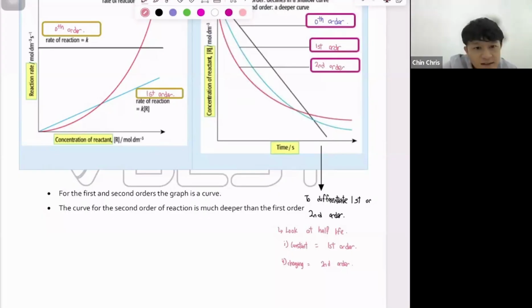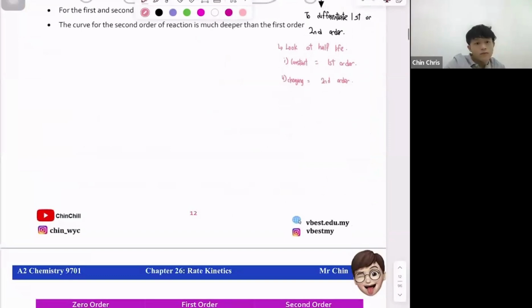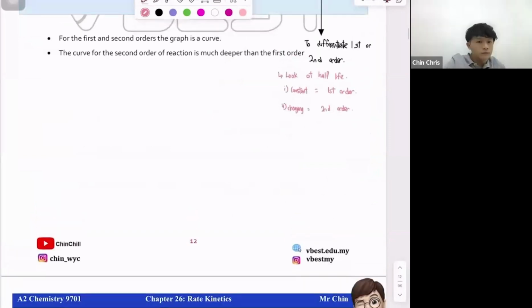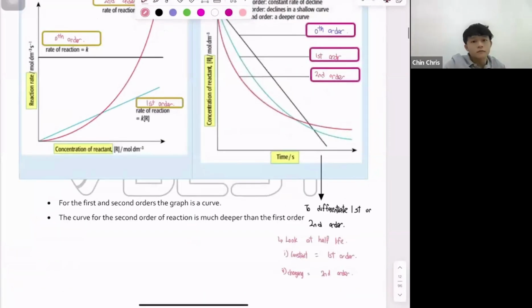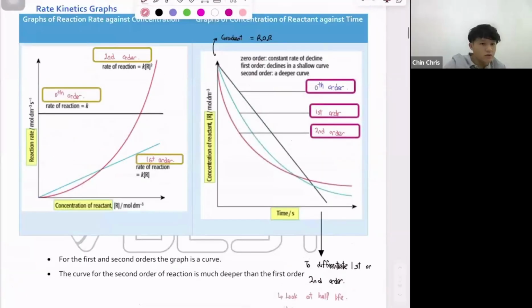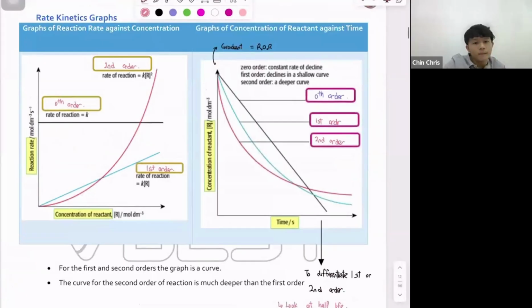It's the last time. Time. Concentration. Because you know how to talk already. It's okay, it's fine. Guys, let's move on to the next part.